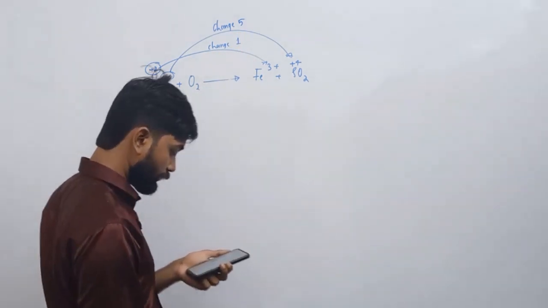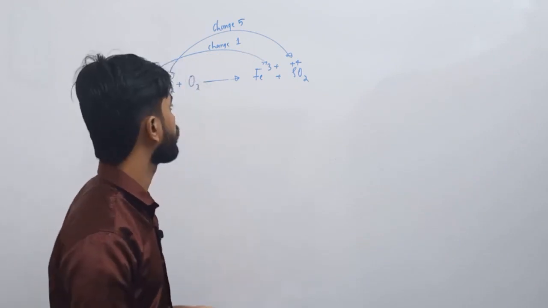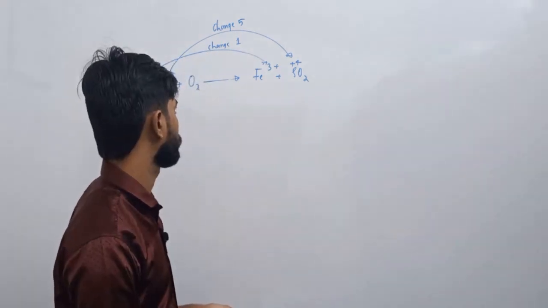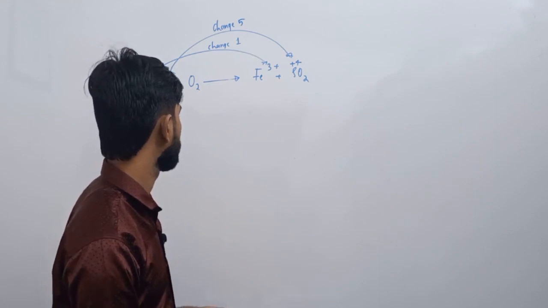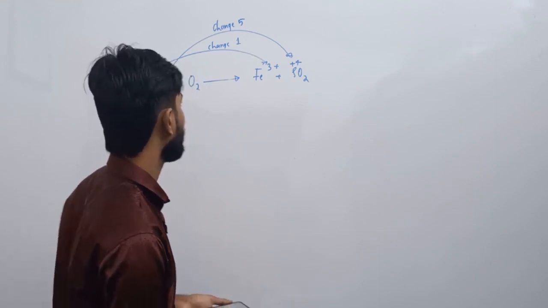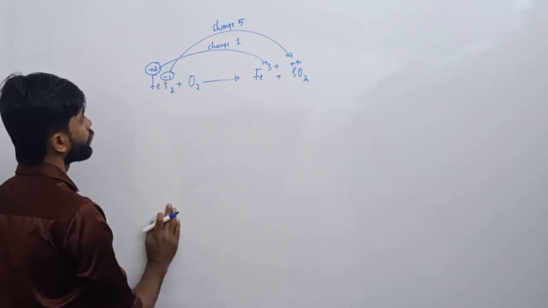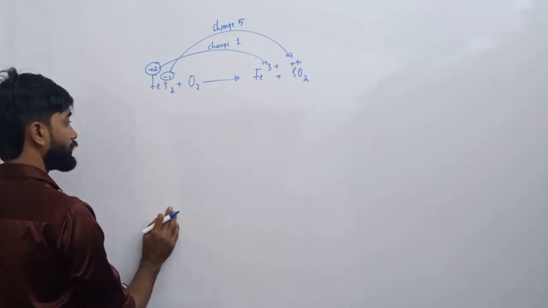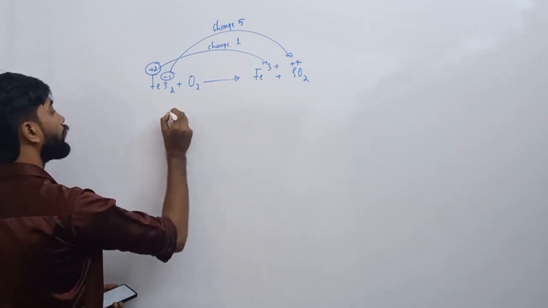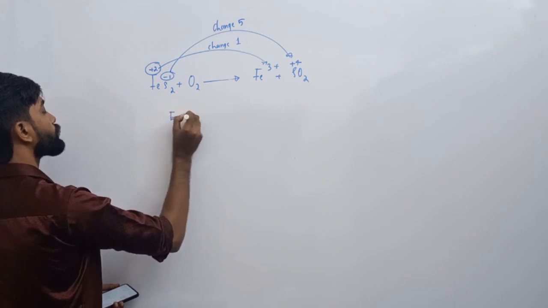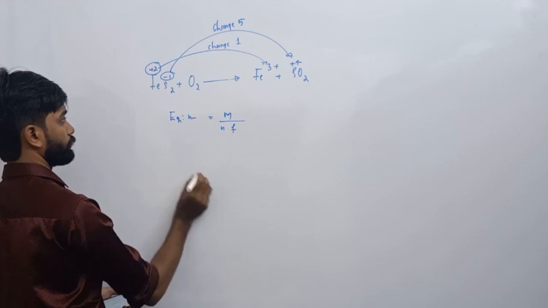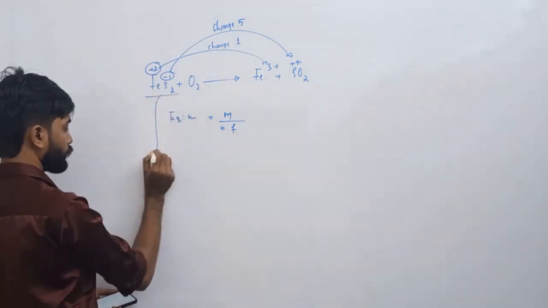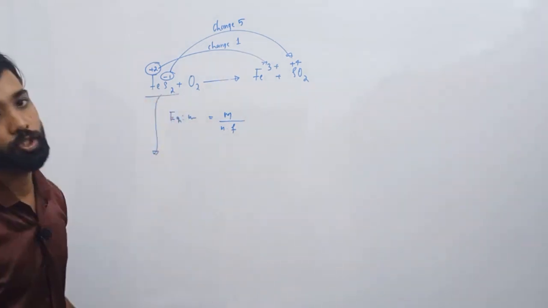Okay. Then what about the equivalent mass of your FeS2? Listen here. Equivalent mass is molar mass divided by n factor. What is the n factor of FeS2? The total change per mole.